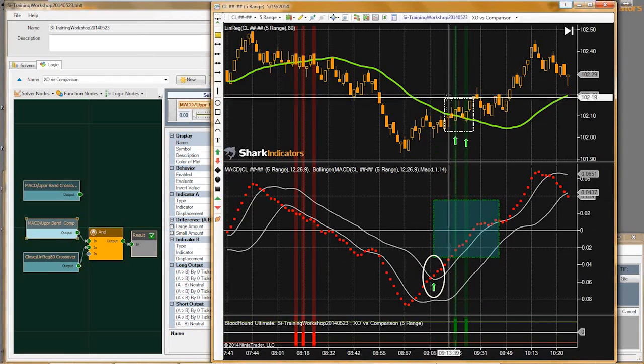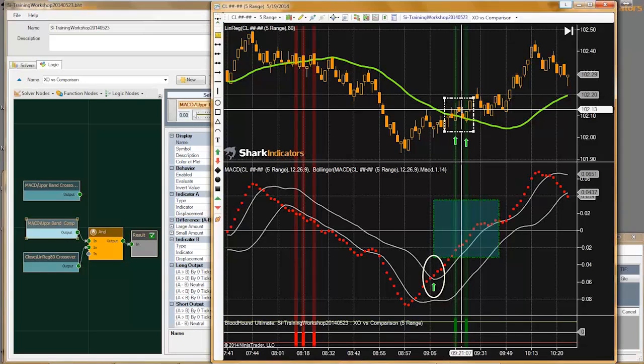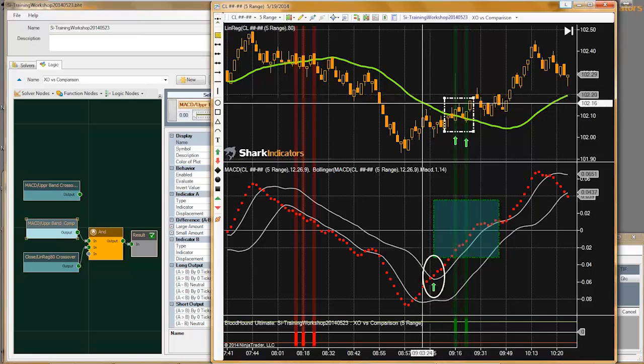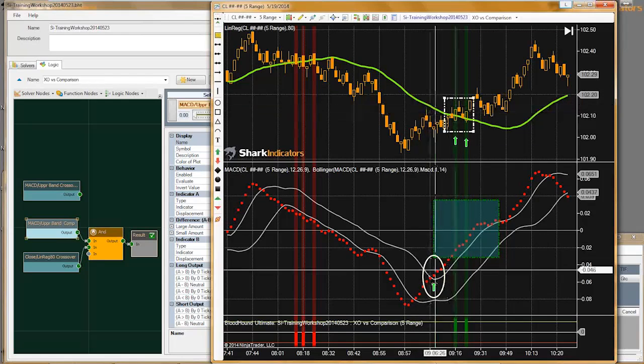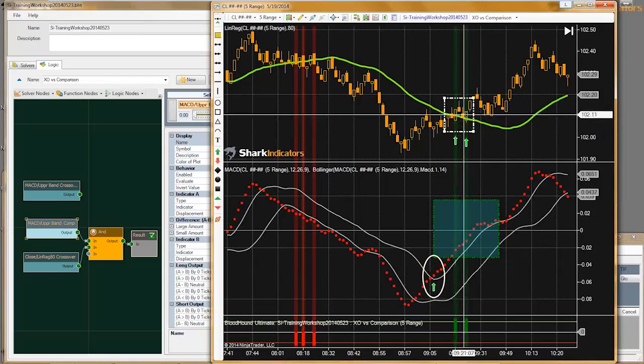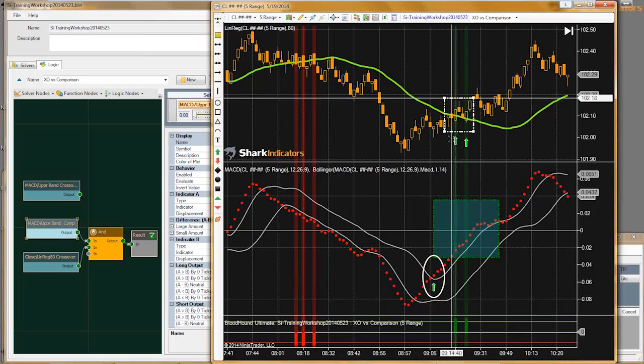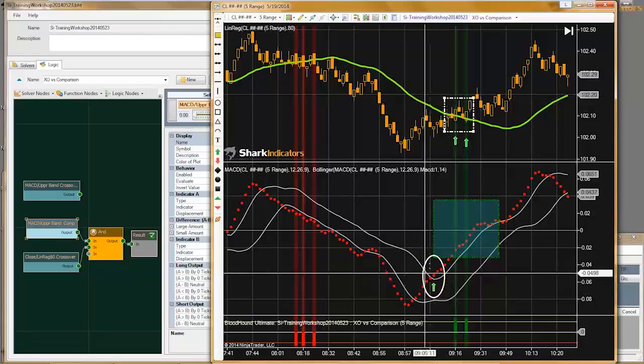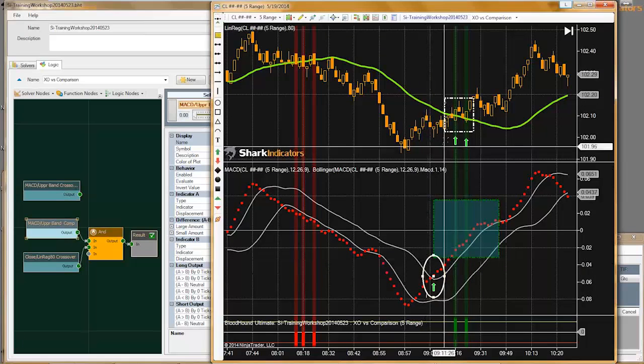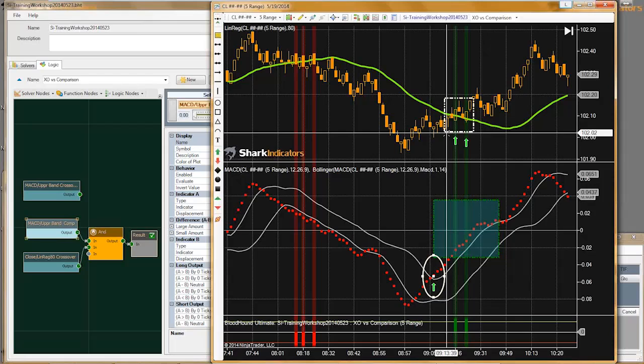If for some reason price typically would cross the linear regression first, and we'd have to wait for the MACD to catch up, then we would use price and the linear regression in the comparison solver. So whichever condition would typically happen first is the one that goes into the comparison solver, and then the crossover solver is typically used for the final condition to actually trigger the trade, the second condition.